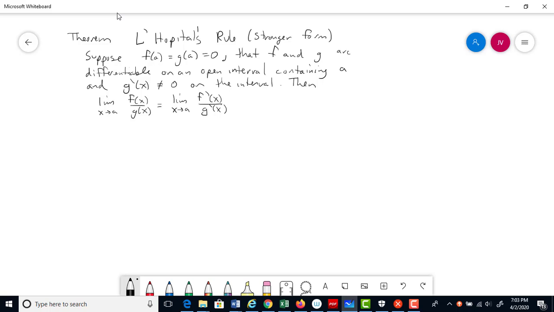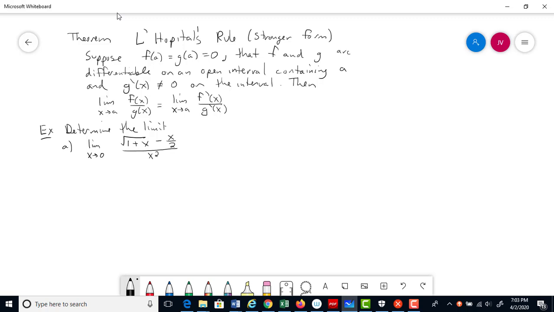So an example would be this. Determine the limit using L'Hopital's rule. So A, we have the limit as x approaches 0 of the square root of 1 plus x minus x over 2, all divided by x squared.